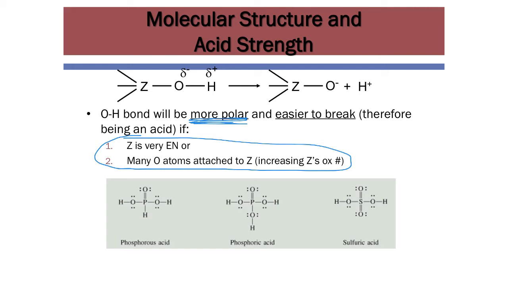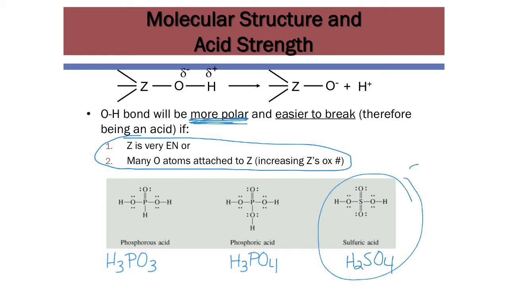If we look at these examples down here, we have phosphorous acid, which is H3PO3, phosphoric acid, which is H3PO4, and sulfuric acid, H2SO4. We know that sulfuric acid has made the list of the 7 strong acids. Phosphoric acid has not.